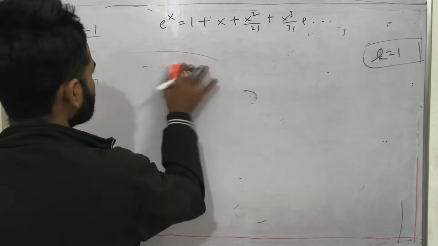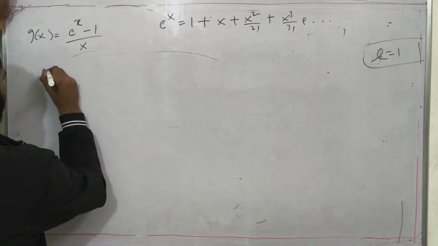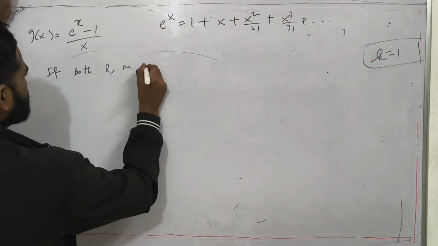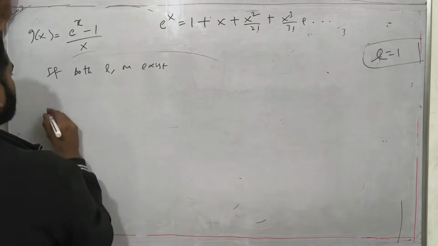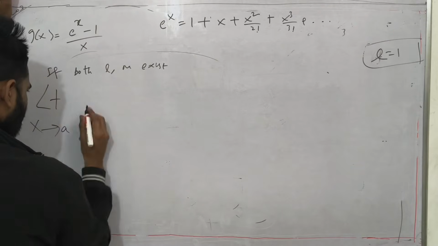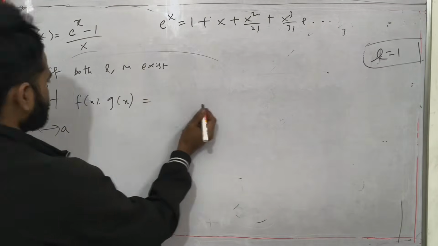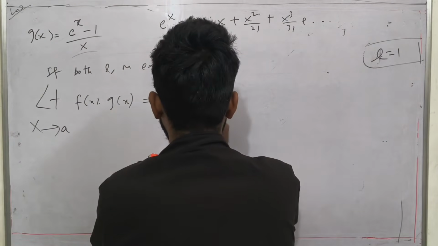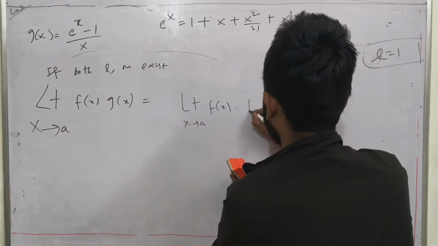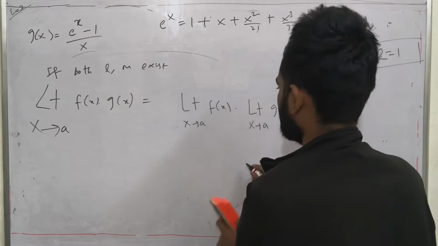So let's go to our rule. What is the rule? If both L comma M exist, then we can use limit x tends to a of f of x into g of x equals limit x tends to a of f of x into limit x tends to a of g of x.